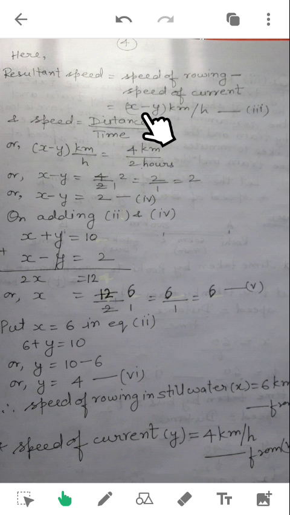Speed from third, in case of upstream, is x minus y km per hour. It is equal to distance. In the question it is given that Ritu is rowing 4 km upstream in 2 hours. So time is 2 hours. Kilometer per hour will be cancelled out. Remaining is x minus y is equal to 4 by 2. Using the table of 2, we are cancelling it out. 2 ones are 2 and 2 twos are 4. This is 2 by 1 and remaining is 2 only. Or x minus y is equal to 2. Say this one as fourth equation.